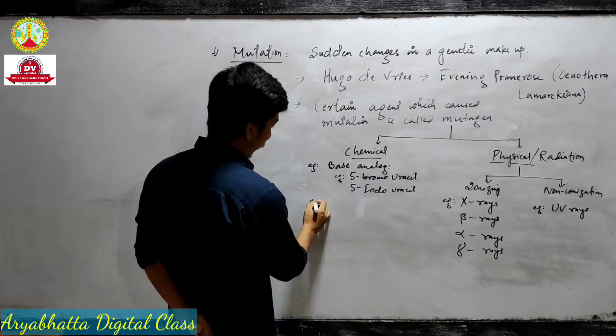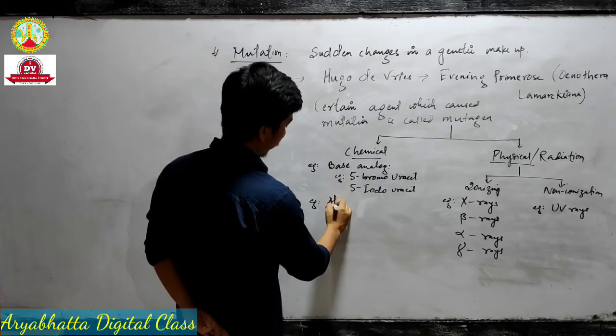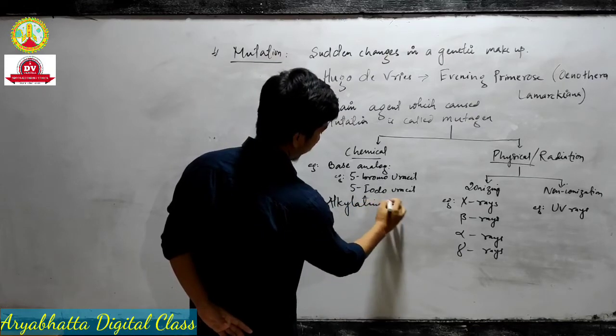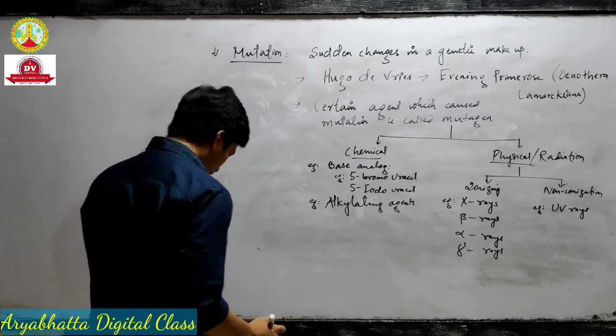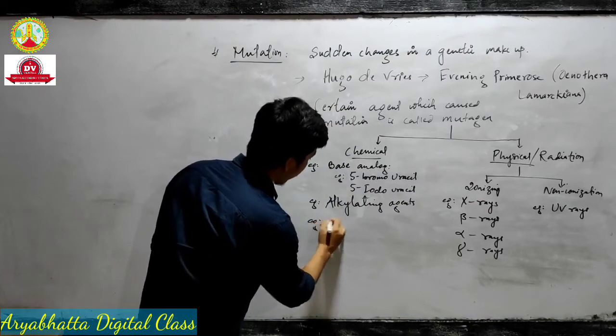We can take one more example under chemical mutagen: alkylating agent. Let me take one more example: acridine dyes.